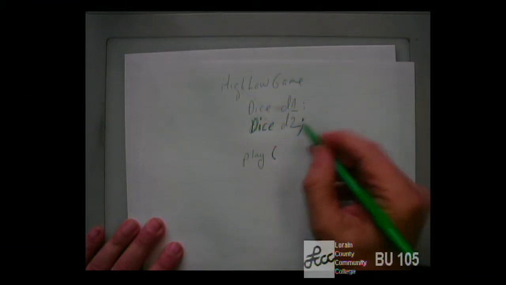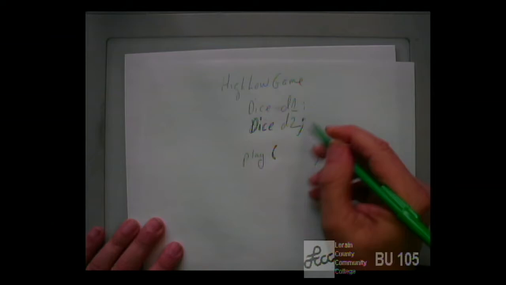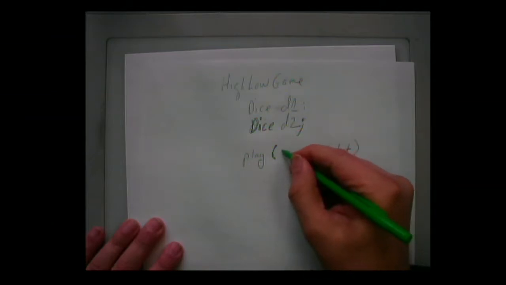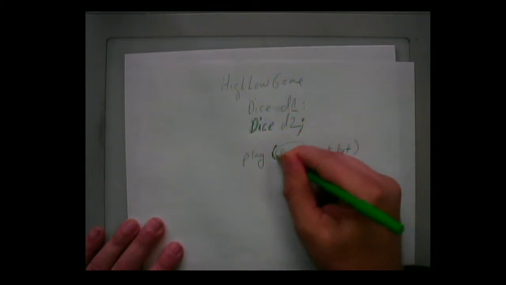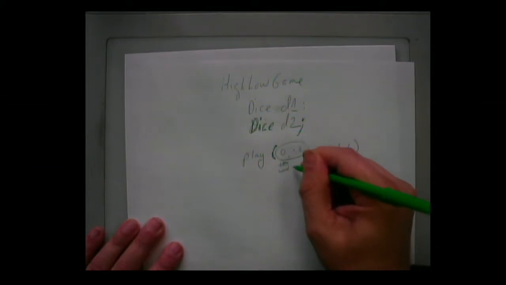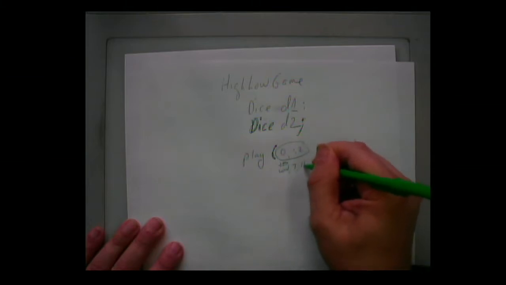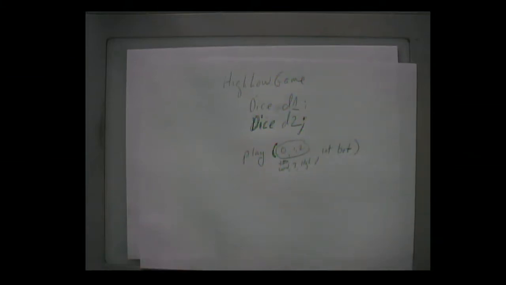Now, what could the choice be? The choice could be 0, 1, or 2. So low, 7, or high. I'll represent a choice of 0 as low, a choice of 1 is 7, and a choice of 2 is high. So that's what I need to give it to play the game.